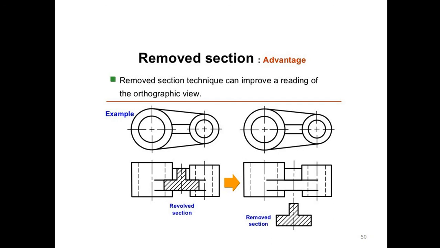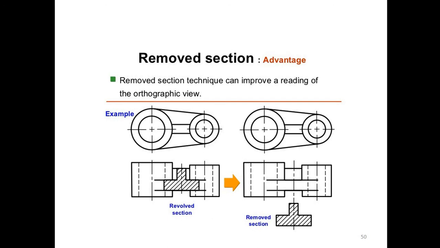One vertical cutting plane is taken, and its orthographic projection is shown, front view and top view. Then that cutting plane is rotated by 90 degrees and its cross section is drawn in the case of the revolved section. But in the case of the removed section, the cutting plane is taken and the cross section is drawn somewhere else. In the revolved section, we draw the section on the view itself. But in the removed section, we draw this view outside the orthographic projection.